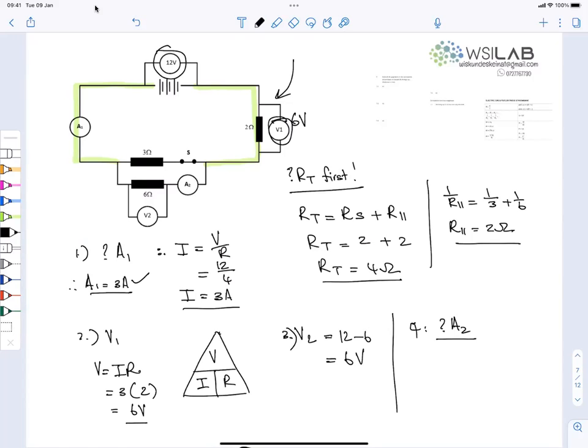So the volts is I times R. I is V divided by R. And R is V divided by I.